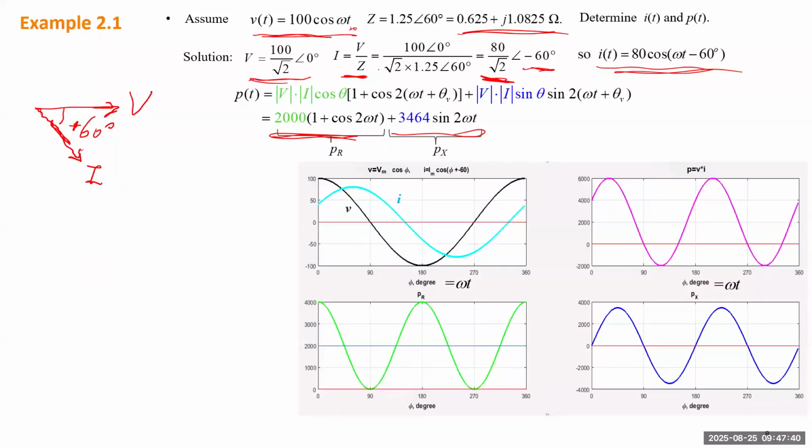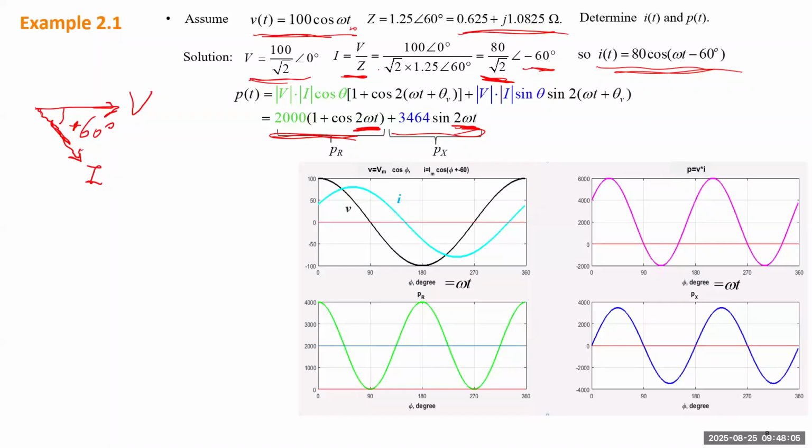But that actually can be told from the frequency here, because the instantaneous power is based on two also periodic functions and at double frequency of voltage and current. And if we draw the PR and the PX, which are the first and second items of the instantaneous power, which will be those two plots.